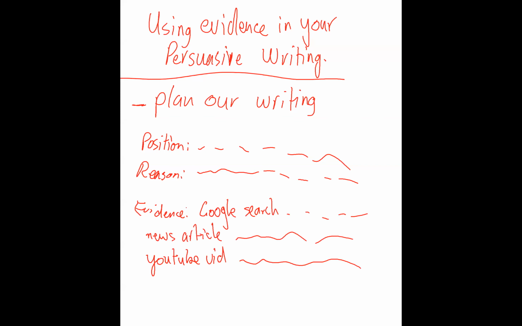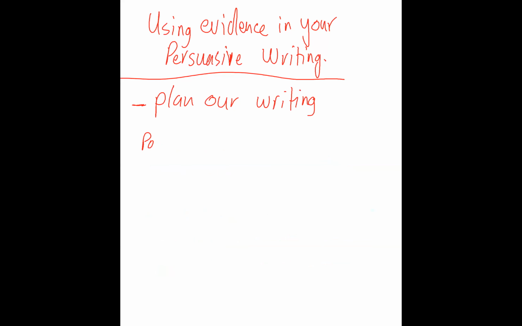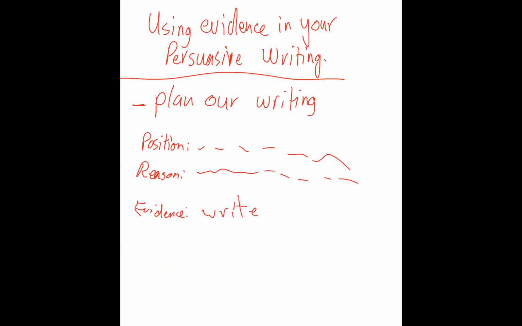There's the link. Then I can get this list of evidence, and then I can go through the evidence and pick which one I think is going to help prove my point the best. And then once I had picked my evidence, I would go on and write my evidence into the article.